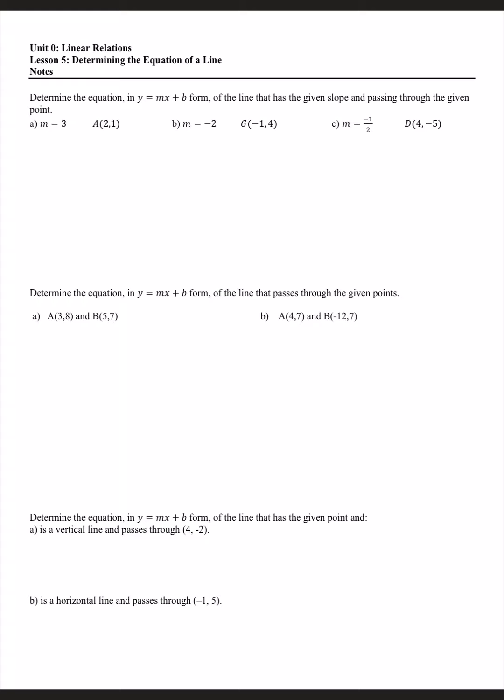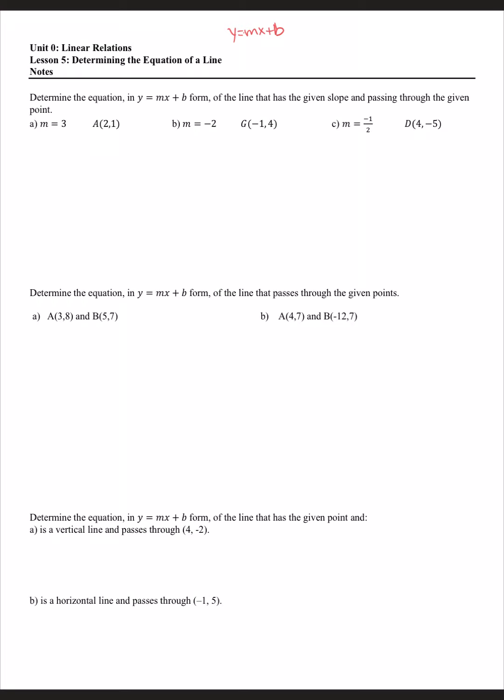So just a little note I want to write here at the top is that the equation of the line, which is y equals mx plus b, that equation basically has three elements to it.